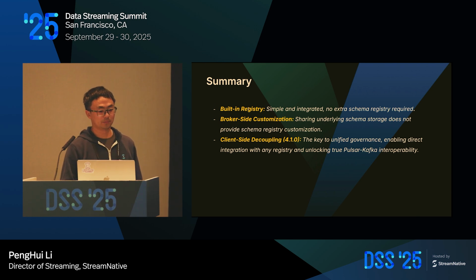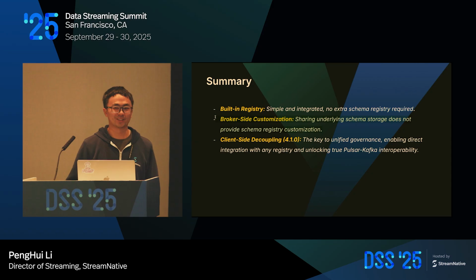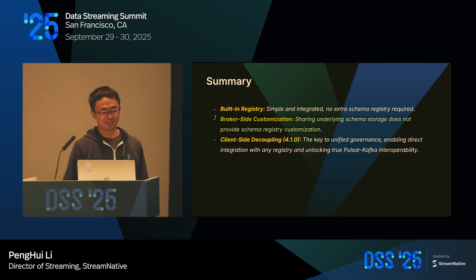Maybe the Pulsar built-in schema is already enough for most cases, because it's pretty simple. And broker-side customization, after 4.1, I don't think this will be a better solution anymore in the future.